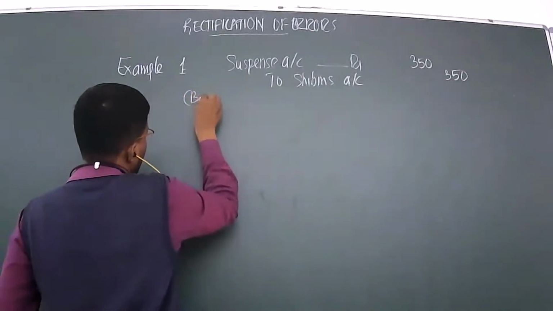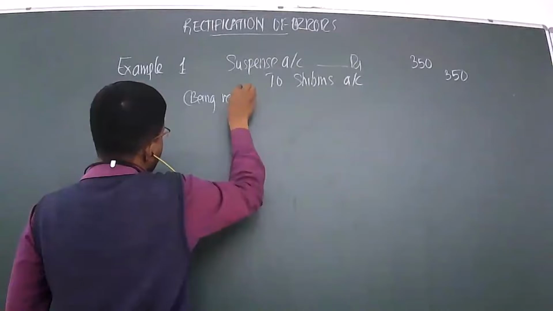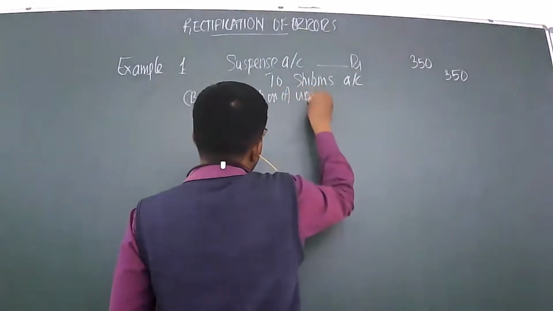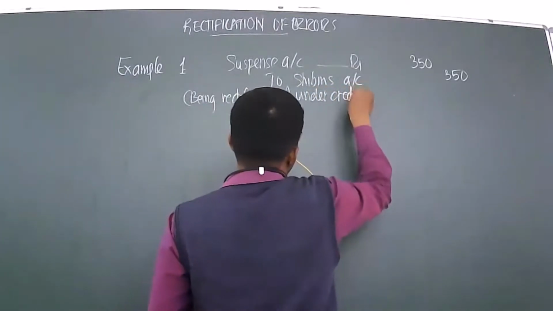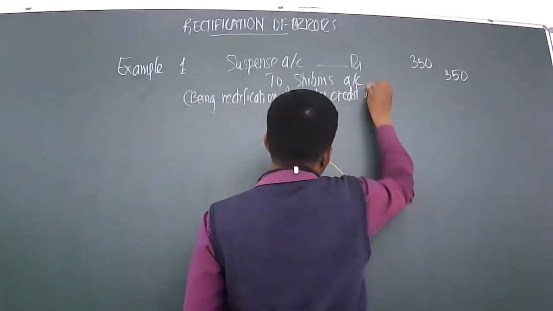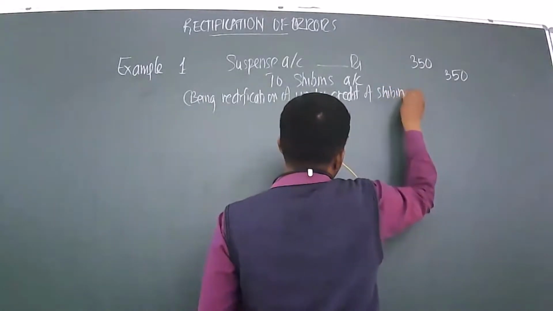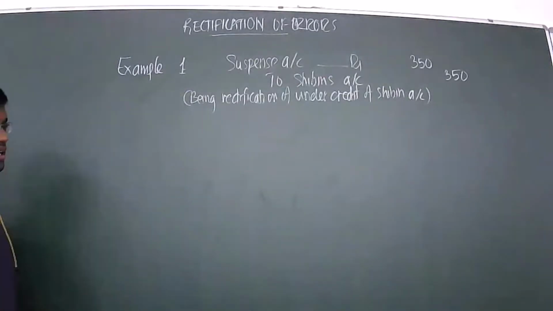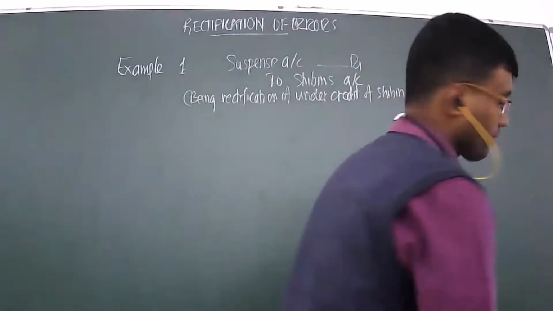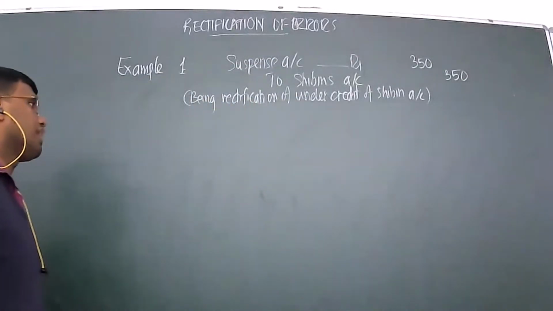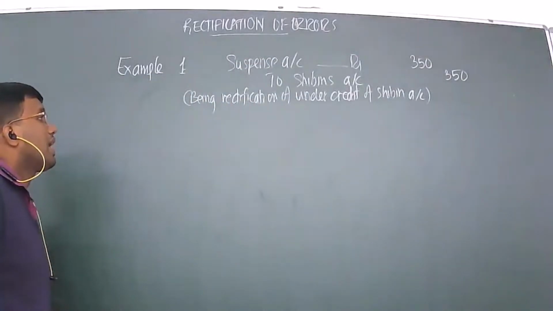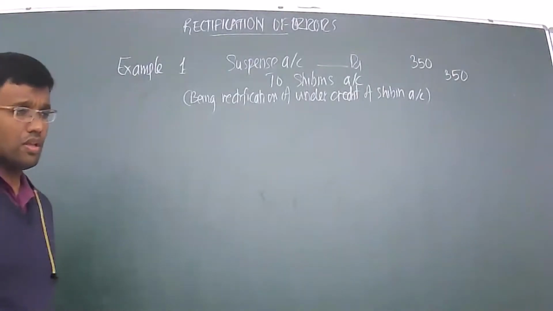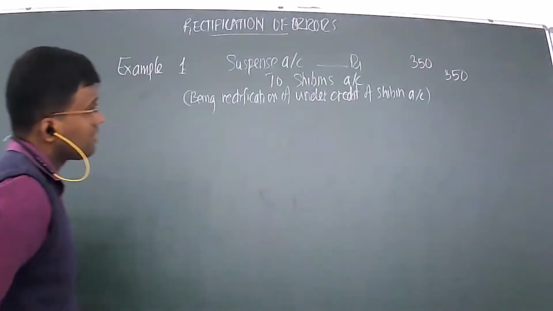The narration will be: being rectification of under credit of Shibin's account. The rectification of under credit of Shibin's account, and Shibin's account we are crediting with 350. So with that we have completed the first example.